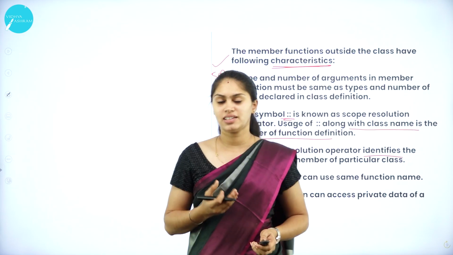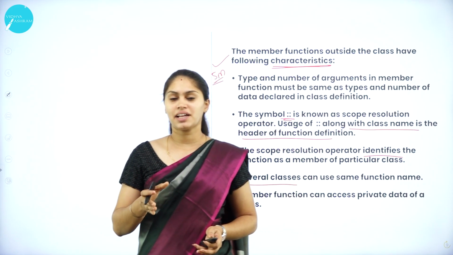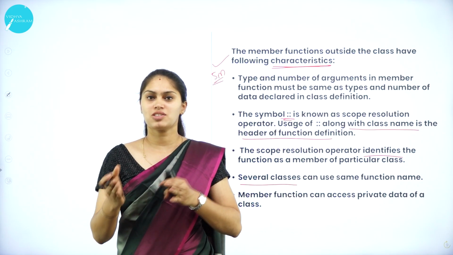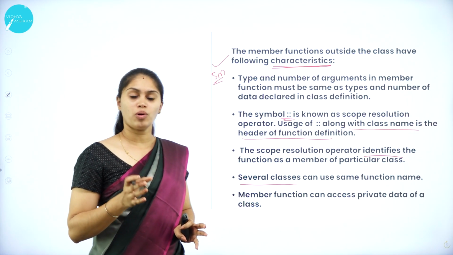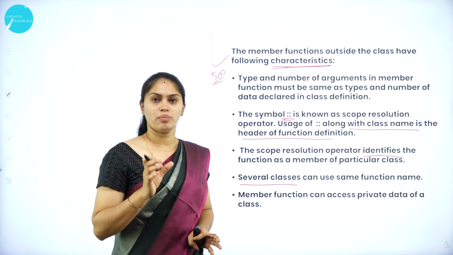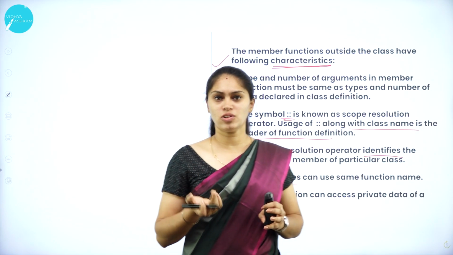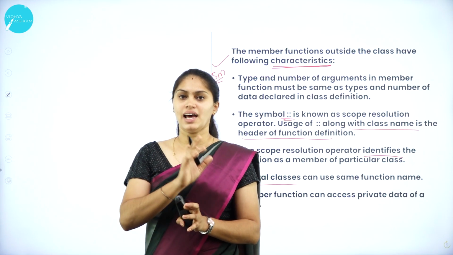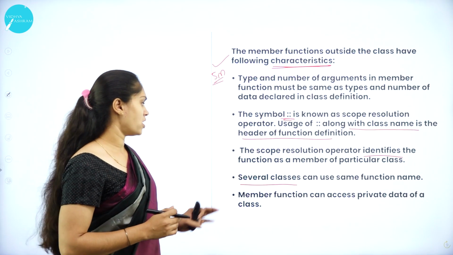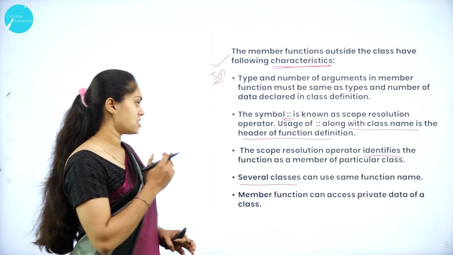But how can I recognize that a particular function belongs to a particular class? That is done with the help of the scope resolution operator, which recognizes that a particular member function belongs to a particular class. So several classes can use the same function name.